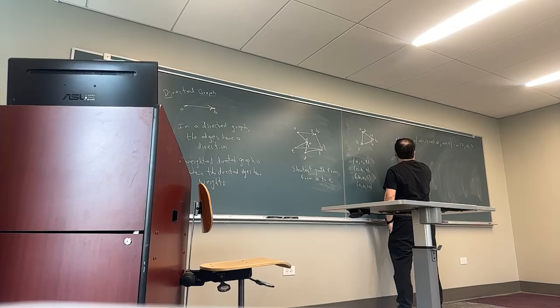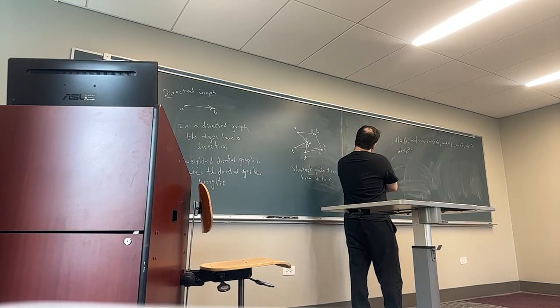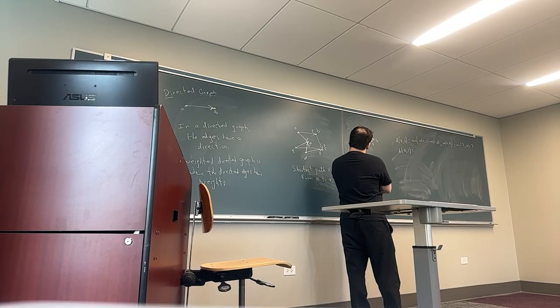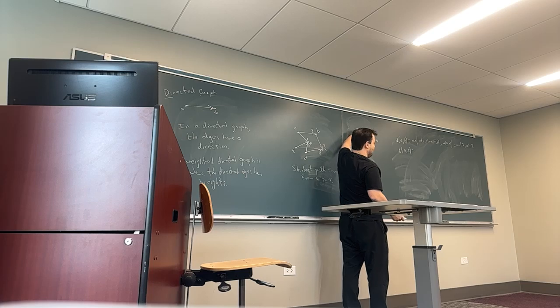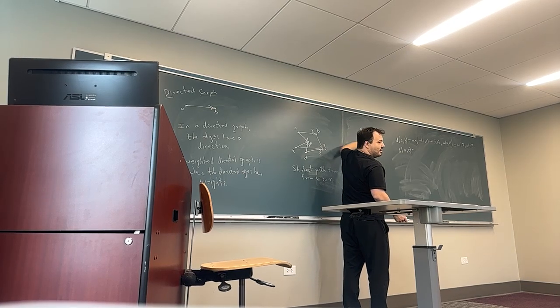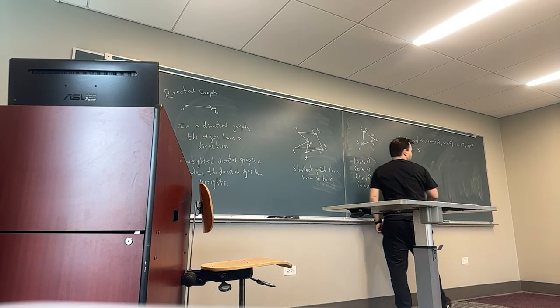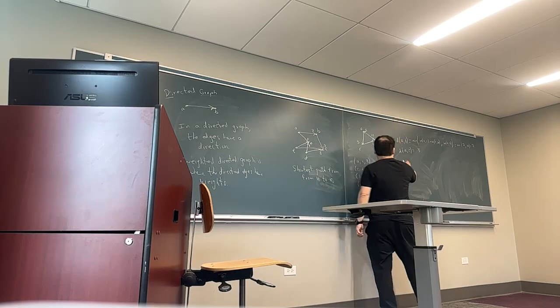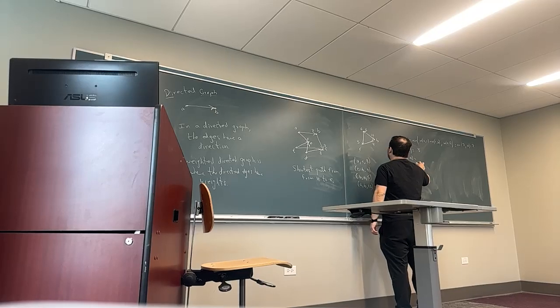So now if you want the distance from A to C, well, there's many ways to go from A to C. You could go from A to C, or you could go A, C, B, A, C. You could just keep looping around, right? So the distance from A to C is just 3. That's easy. The distance from B to A is 5.